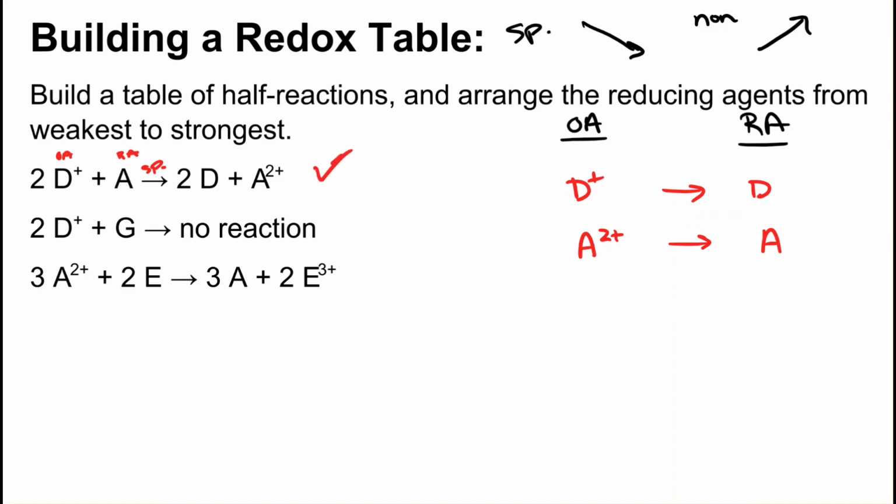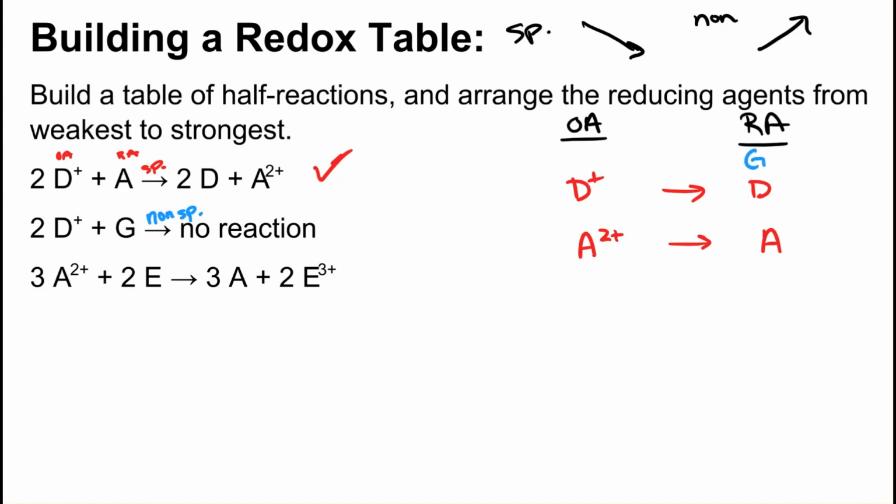Let's move on to the next one. D plus and G is no reaction. So obviously G has to be on the opposite side of D plus. Where should I put G? Should I put it above or below? Well, if this is no reaction, that means it's non-spontaneous. So D plus can't be higher than G, it's got to be lower.